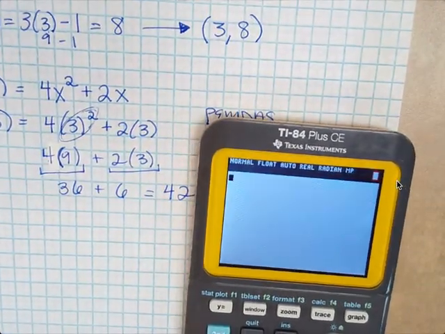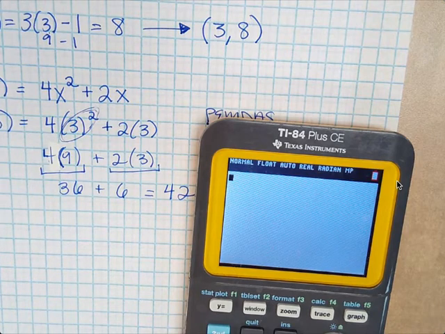We can do this in our calculator though. So get out your calculator that's either on your Chromebook or you can grab one of mine from the back of the room. And we're going to put this in.